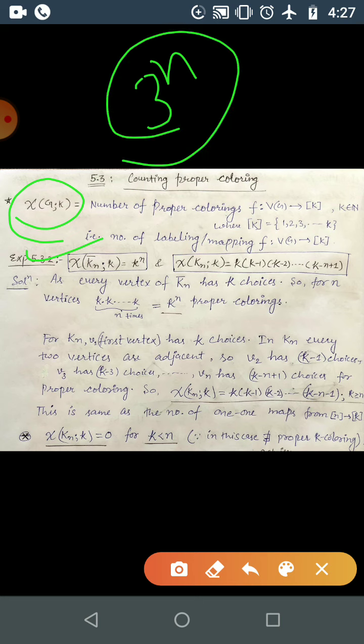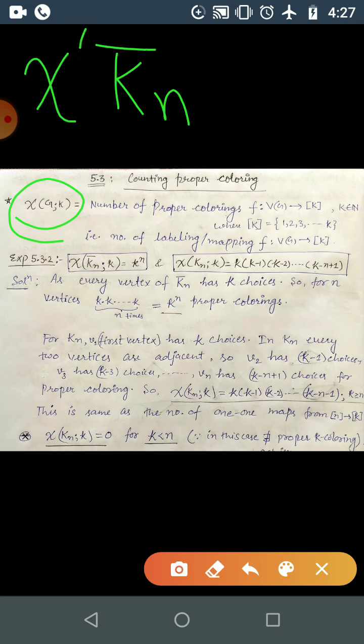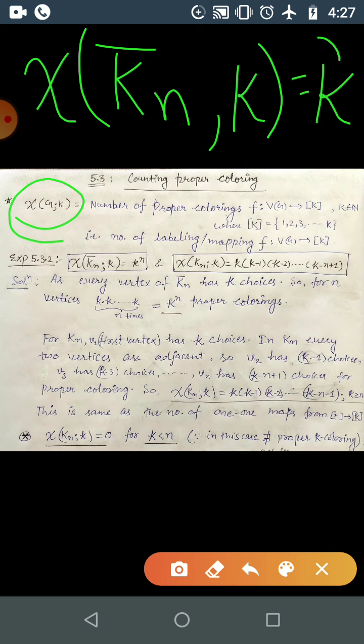Likewise if you are given k colors and Kn complement is the graph, then the number of proper colorings, or the chromatic polynomial of this one, where k is the number of colors given and n is the number of vertices, will be as follows. Each of the n vertices has k choices, so it will be k into k into k and so on up to n, so it will be k raised to power n.